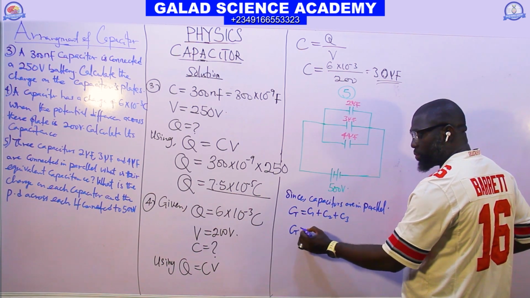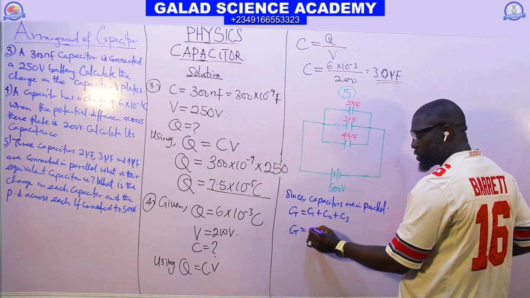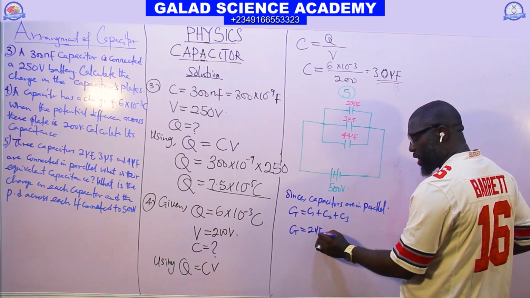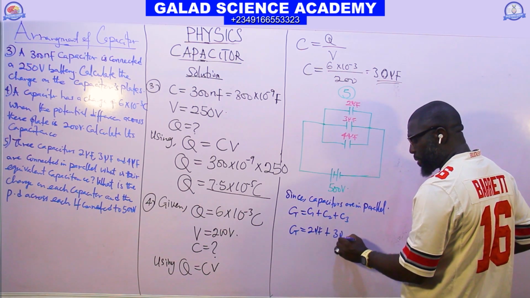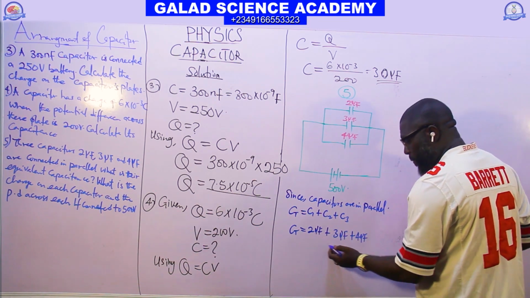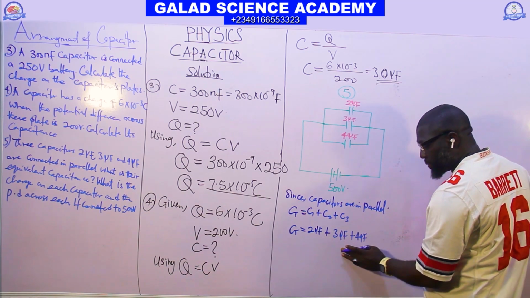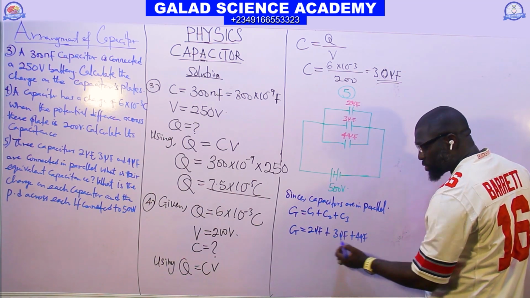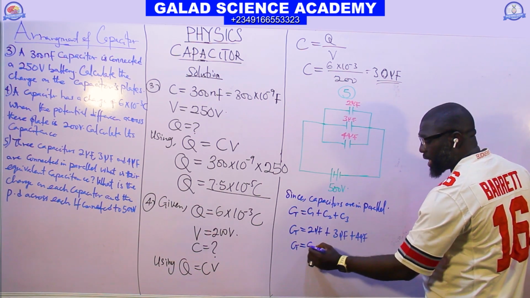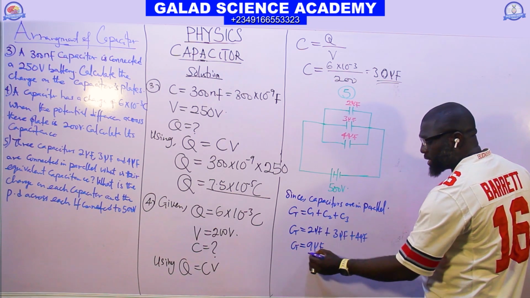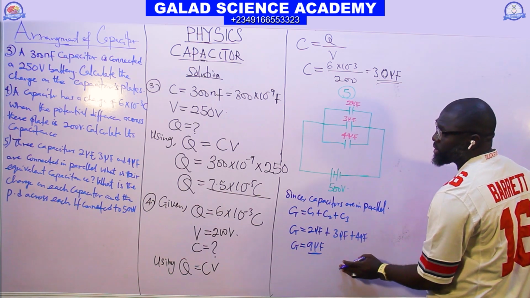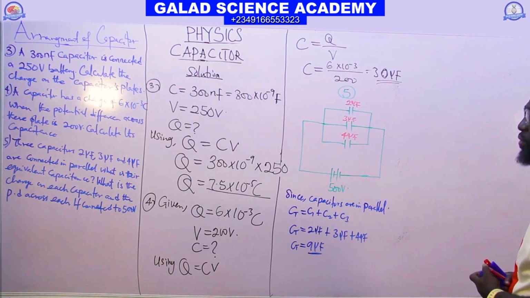So C total will be 2 microfarad plus 3 microfarad plus 4 microfarad. Adding everything together, C total will be 9 microfarad. That is the total capacitance in the circuit.